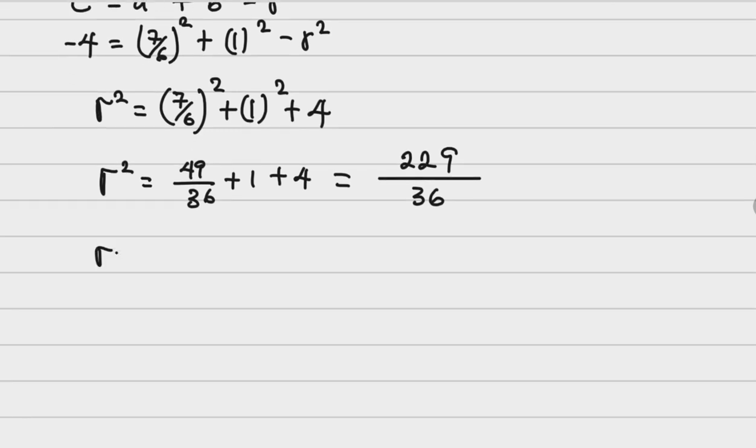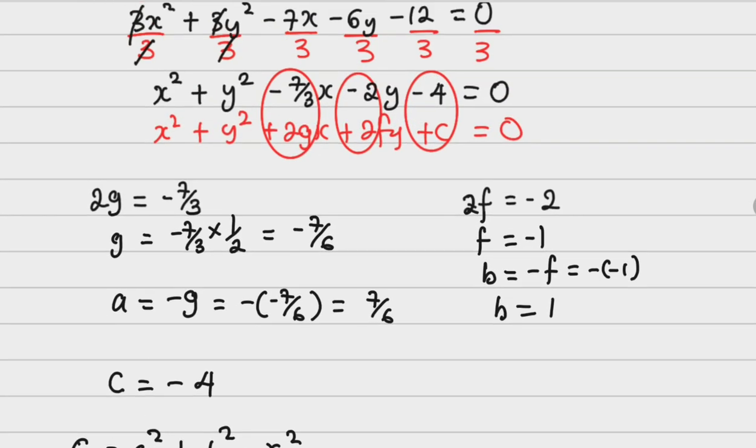So my r is actually the square root of 229 over 36, which we can have as root of 229 divided by 6. So this is what I have. So I have gotten my r and everything.